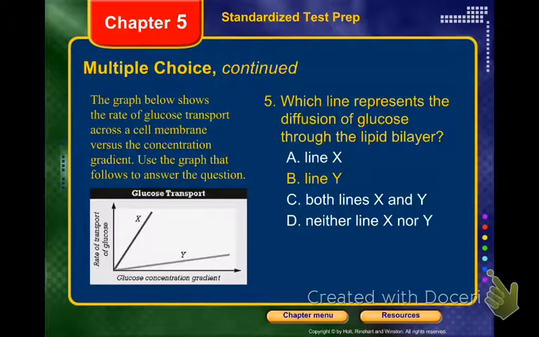Because it's going to take a little while for stuff to go across a lipid bilayer, it's going to be a little bit slower of a rate than line X. Okay? So the rate is slower and steady.